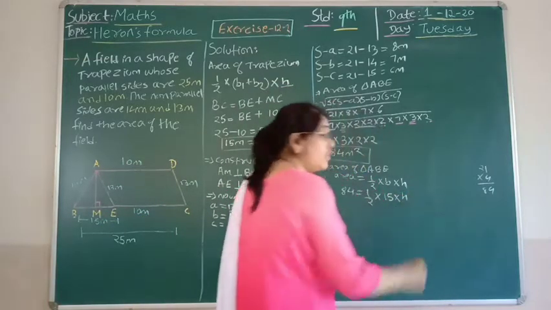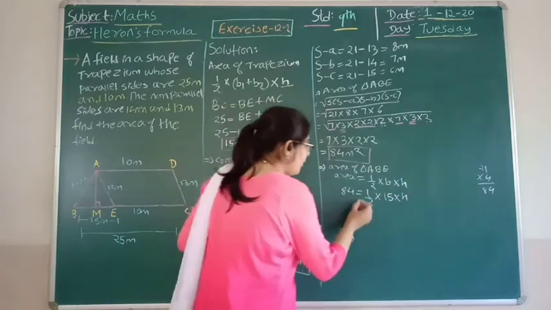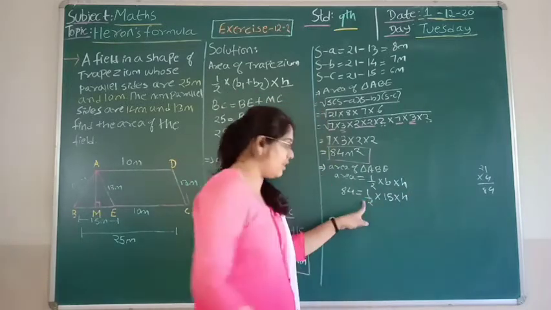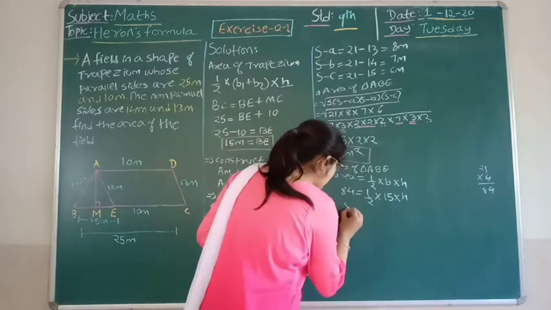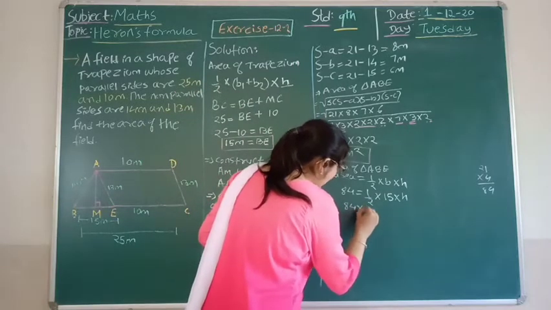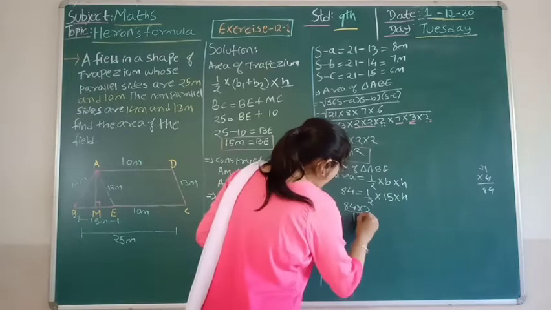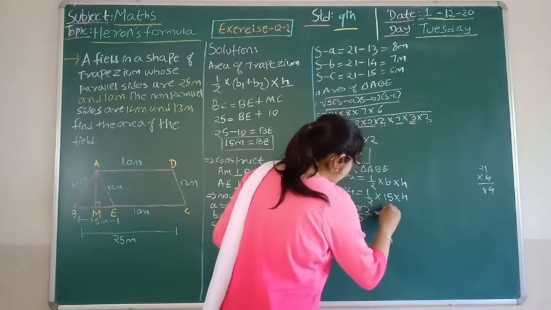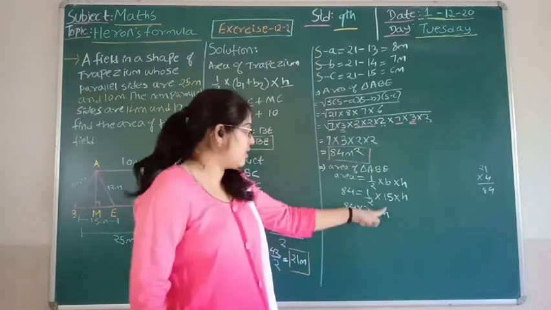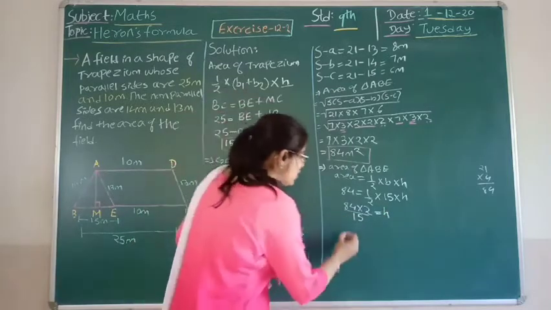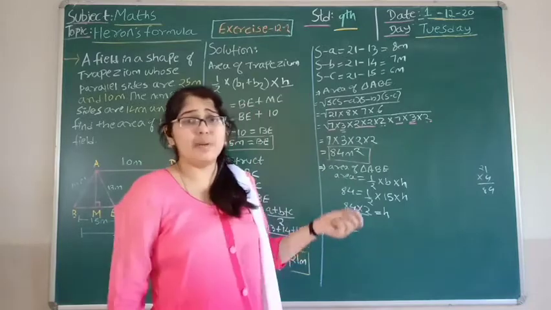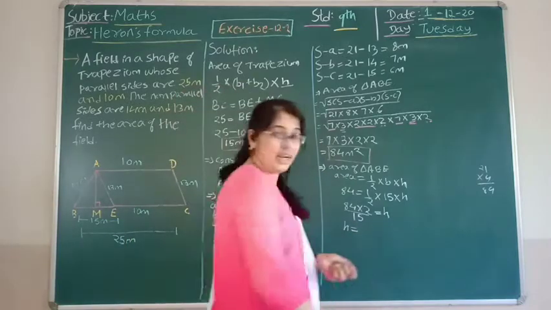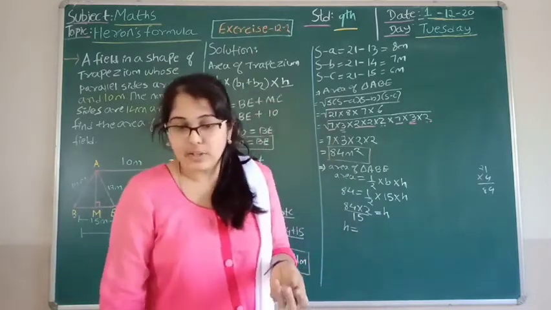So if I multiply, this is division, going over there will become multiplication. Then it is 84 into 2 whole divided by 15. So you can say height equals, and if I multiply 84 into 2, I will get the answer as 168.